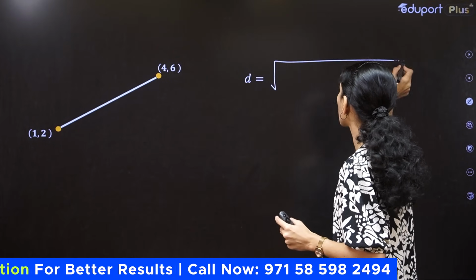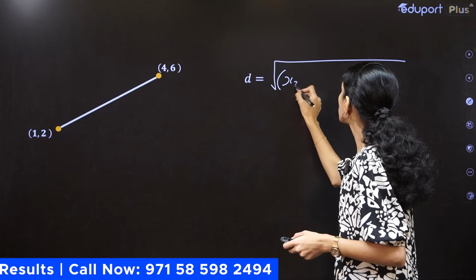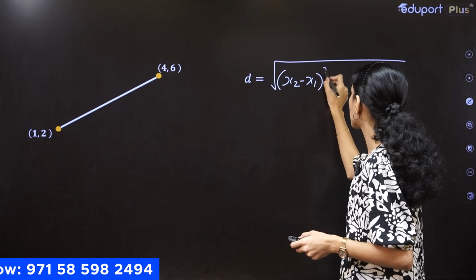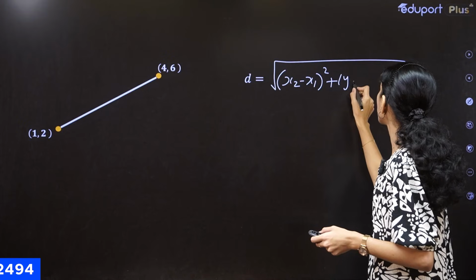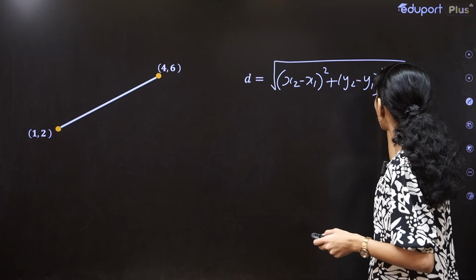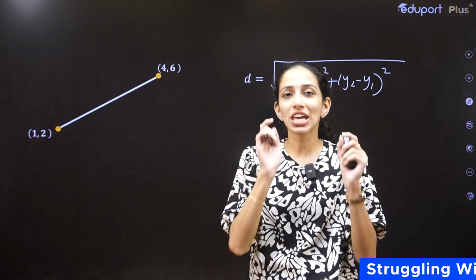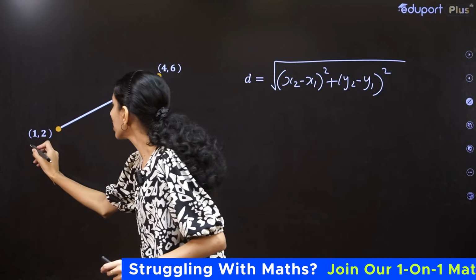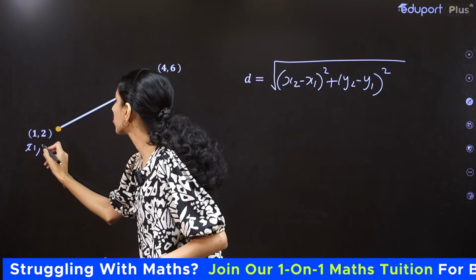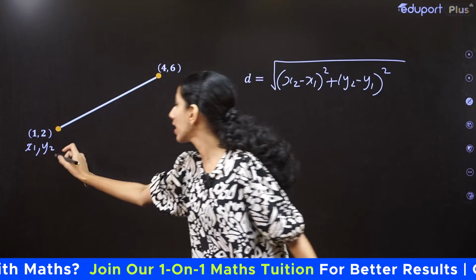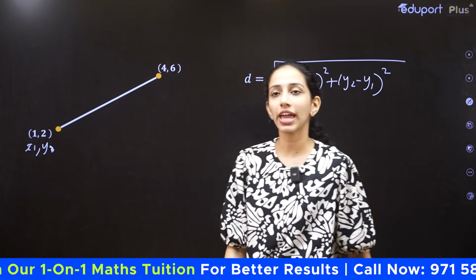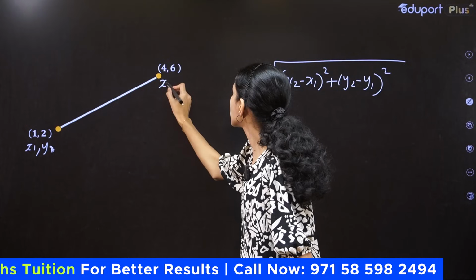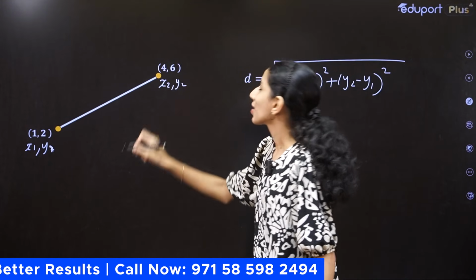What is the distance formula? Root of (x2 minus x1) all square plus (y2 minus y1) all square. Here is a trick: just use your pencil or note it down in your notebook. Write the first point as x1, y1 and the second point as x2, y2.